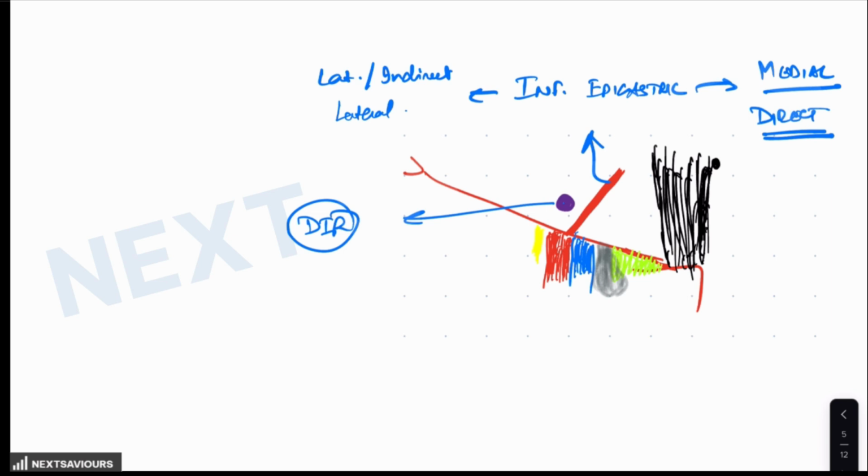Now, the inferior epigastric vessels are branches of the external iliac vessels, and they run towards the anterior abdominal wall to supply the rectus muscle.